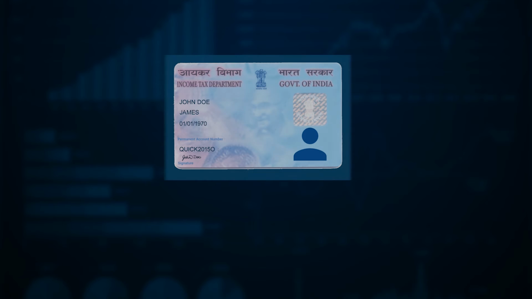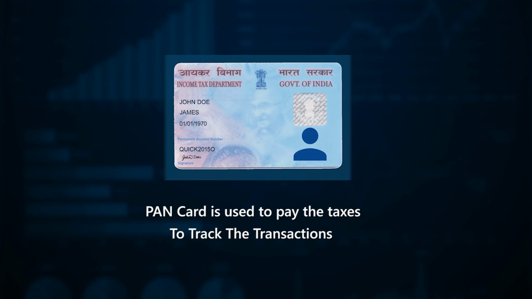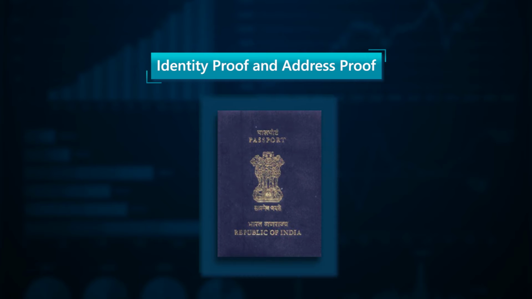The permanent account number, or the PAN, is the number through which grown-ups pay their taxes. The government wants to keep a track of the money that is routed through your account and also see if the income tax on your investments is paid. That's why the bank asks for a PAN card. The passport can also act as an identity proof and address proof, since it has both your address and your photo on it.